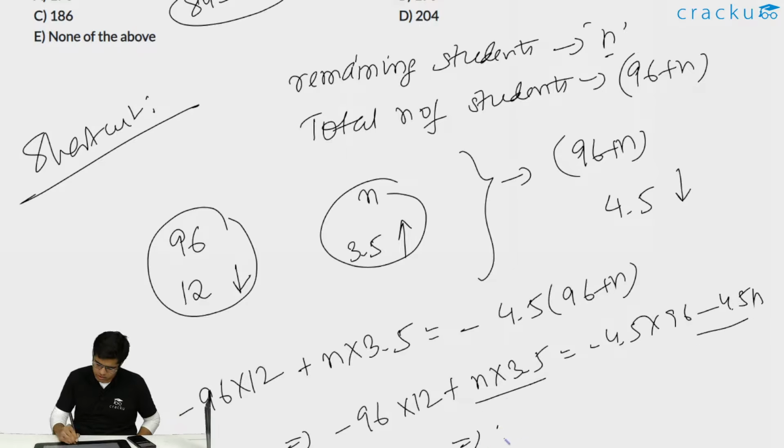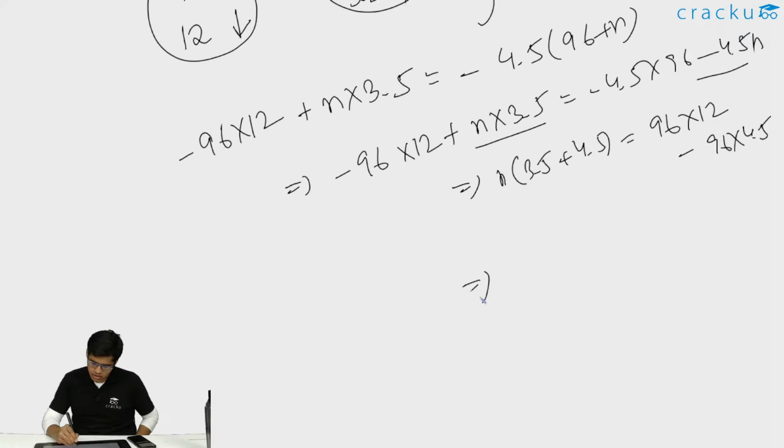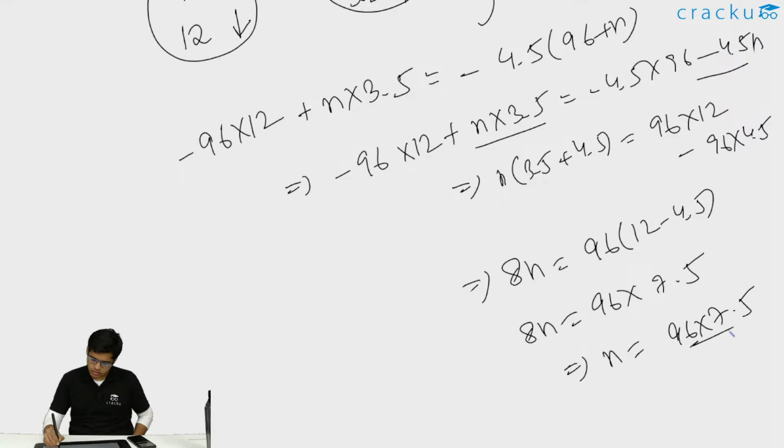This I can take together. So n into 3.5 plus 4.5 equals 96 into 12 minus 96 into 4.5, or 8n equals 96 into 12 minus 4.5. 8n equals 96 into 7.5, or n equals 96 into 7.5 by 8, which is 12 into 7.5.